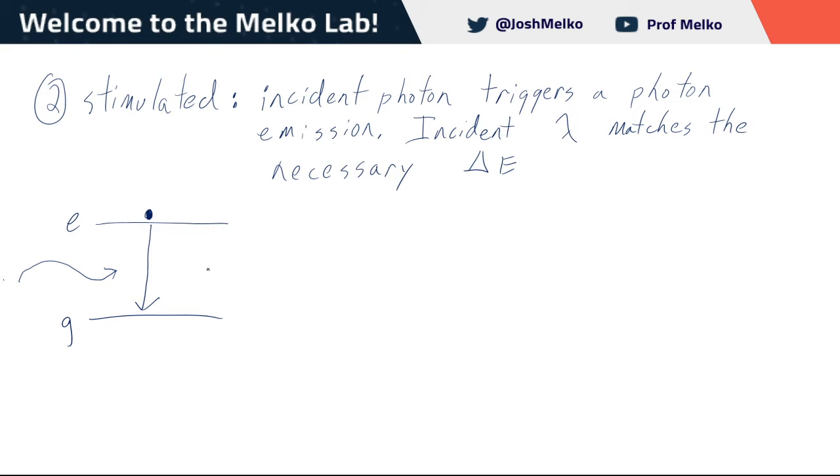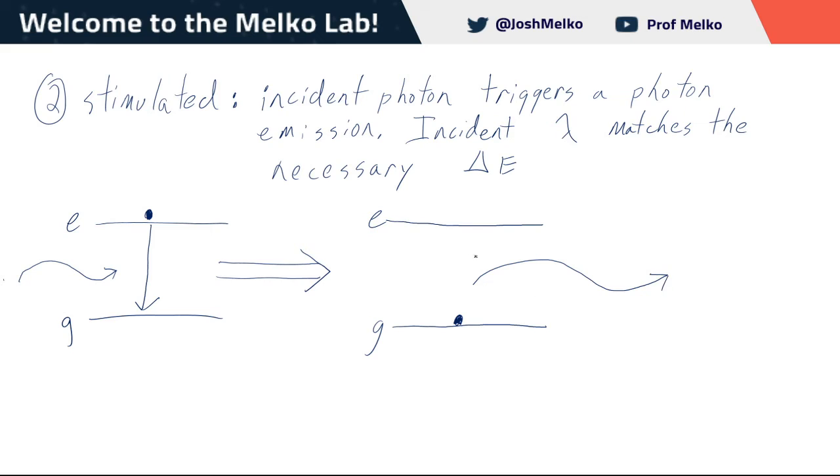Okay, so this photon comes in, it causes this relaxation, and now our system looks like this. Between the ground and the excited state, the electron is now down here. This photon that entered was not absorbed, so it keeps traveling. But this relaxation event gave off a second photon that will be exactly the same in terms of wavelength because it's this same delta energy that is needed.